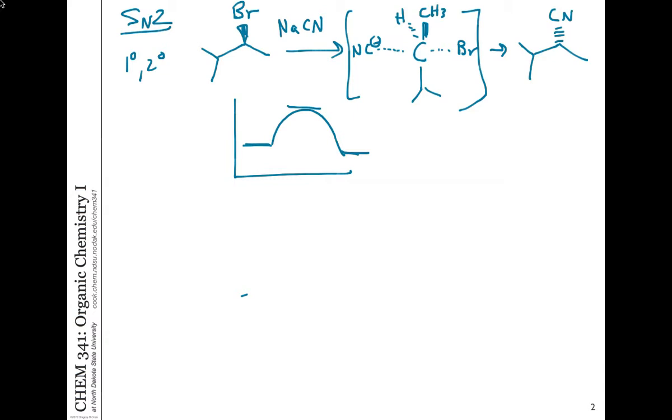If we go by an SN1 mechanism, right? SN1 mechanism, let's say I have something like this, a tertiary bromide which can form carbocations, and I say, let's just take, what's a good nucleophile?